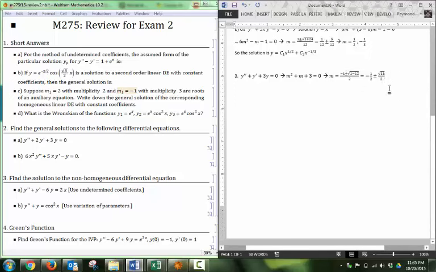Alright, so it looks like that's going to be our solution to our homogeneous or the auxiliary equation.